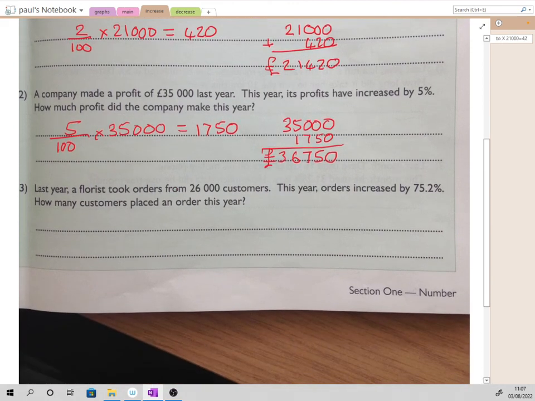Last year, a florist took orders from 26,000 customers. This year the orders increased by 75.2%. How many customers place an order this year?